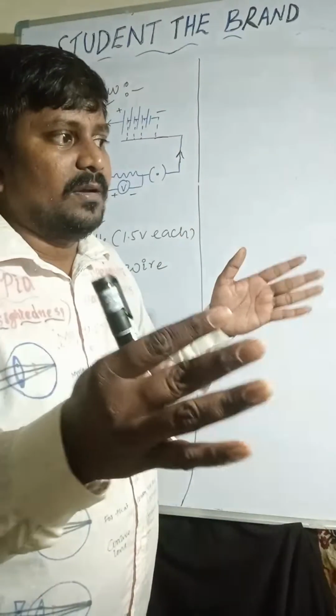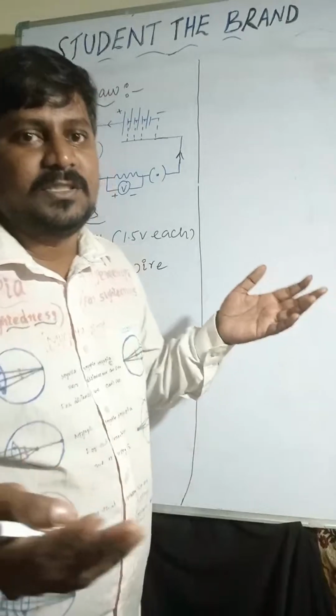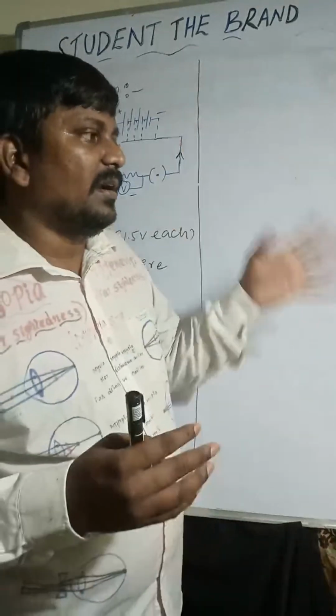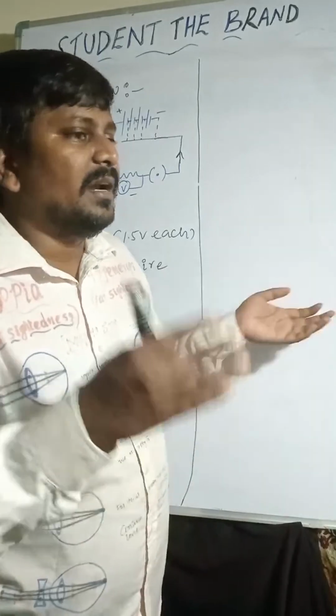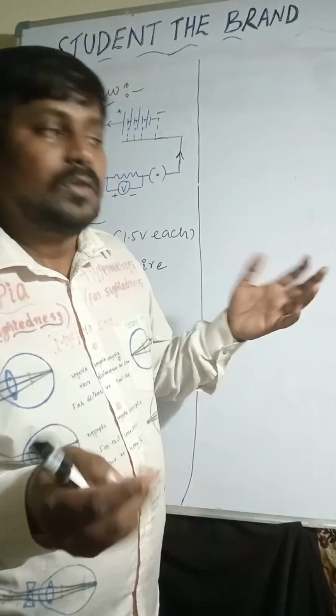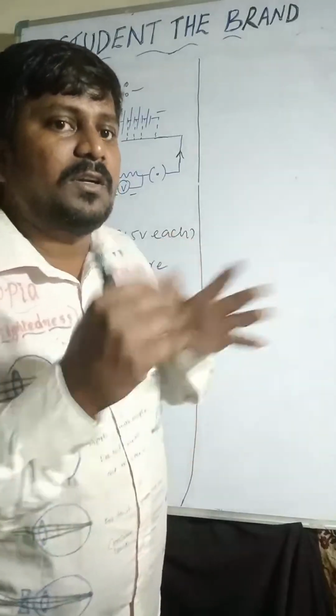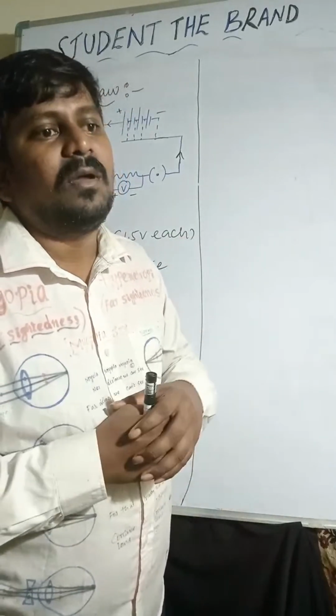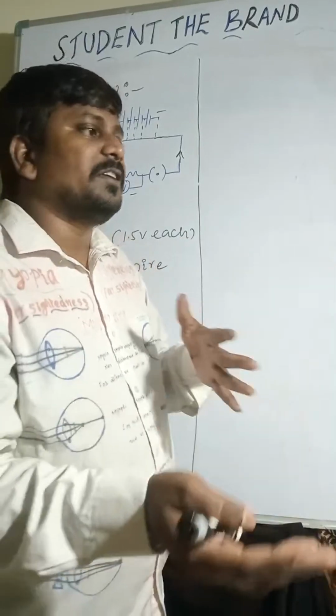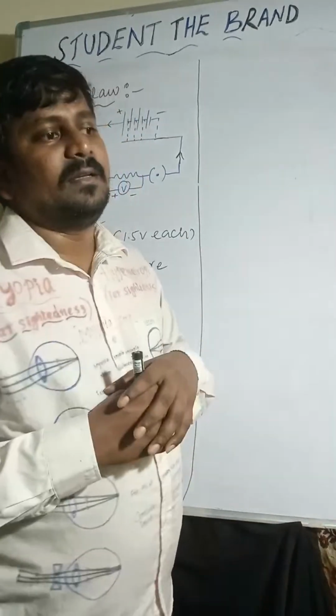Like temperature difference, right? Here 100 degrees centigrade, here 30 degrees centigrade. What is the difference? 100 minus 30, 70. So who will measure this? Voltmeter. Like electrical pressure, that is nothing but potential difference. So potential difference is measured by the voltmeter.